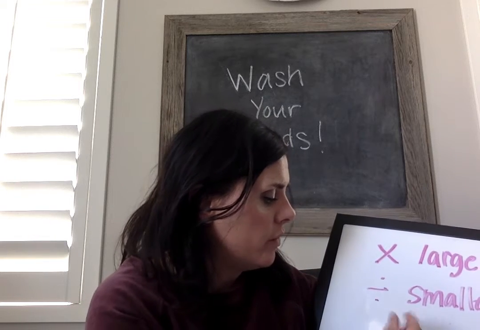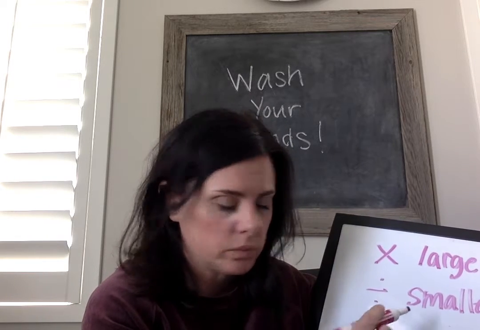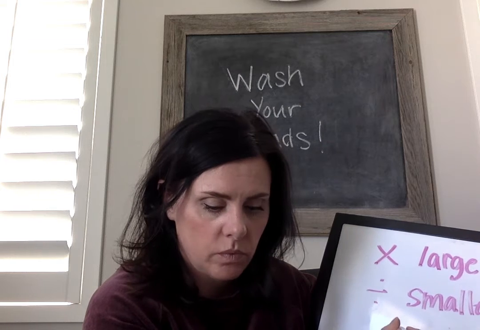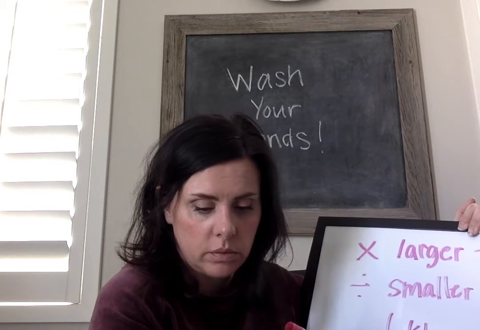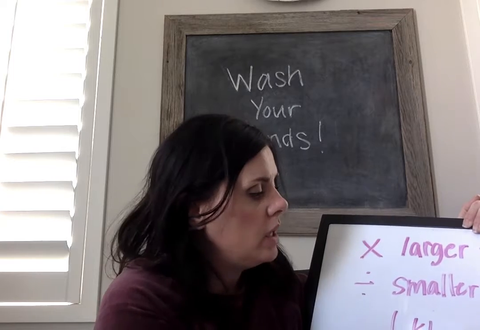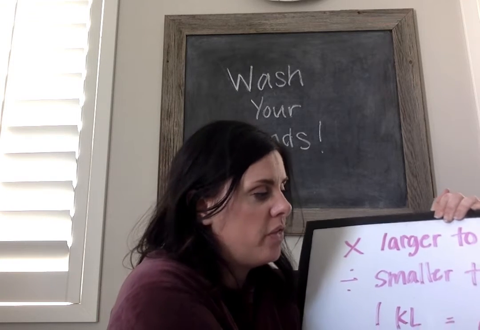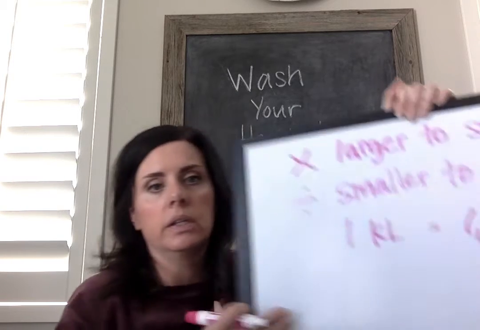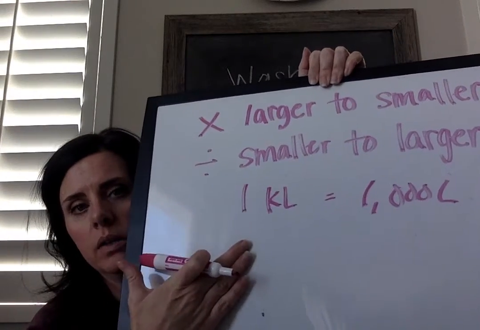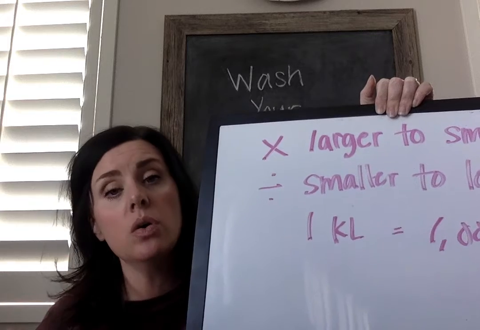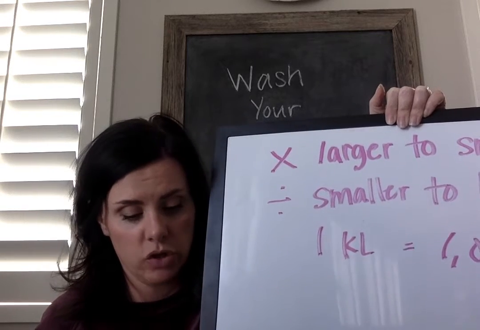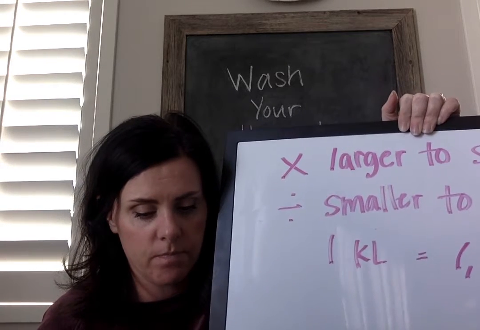So we are going from 1 kiloliter equals 1,000 liters. 1 kiloliter equals 1,000 liters. Okay, and if I didn't know that, I can just look in my chart, and that's your chart on page 337.